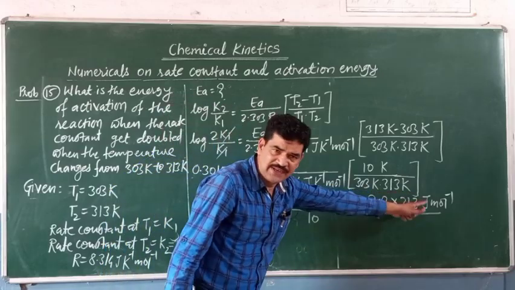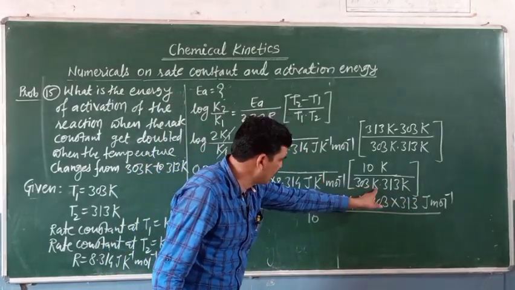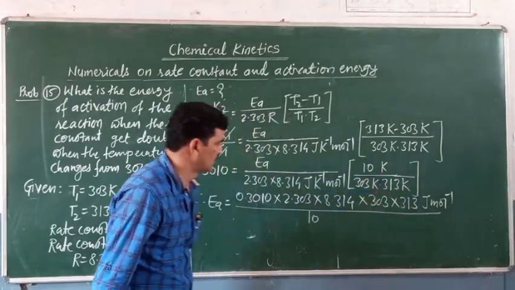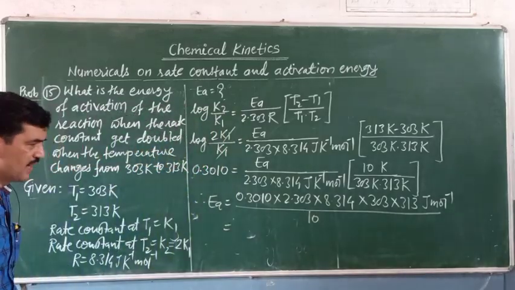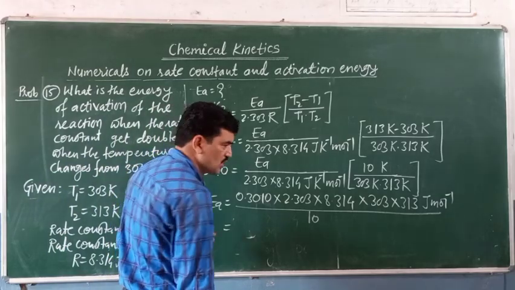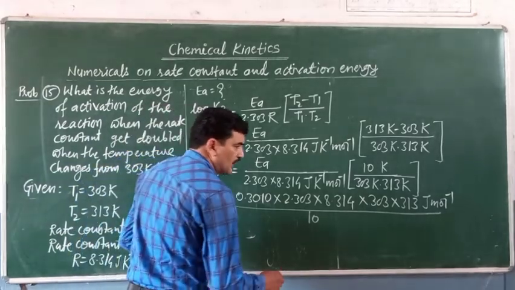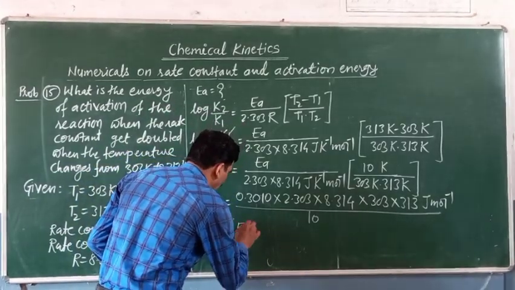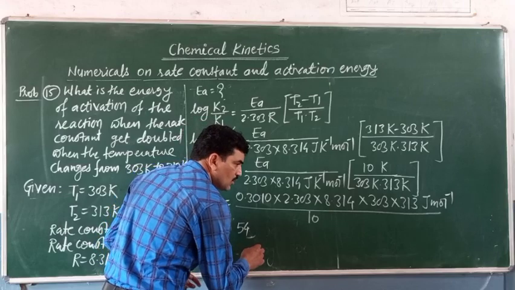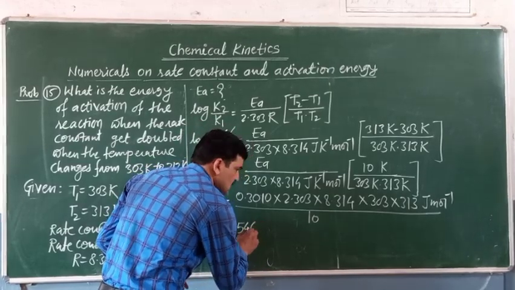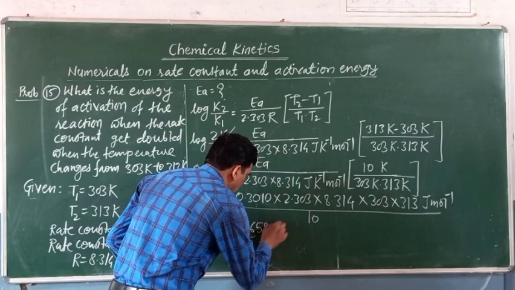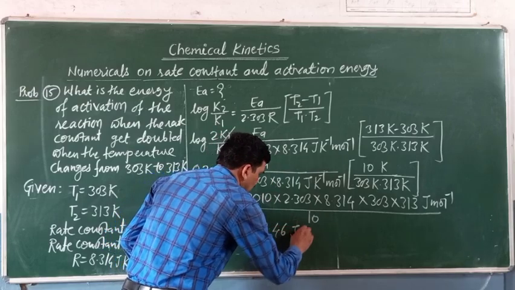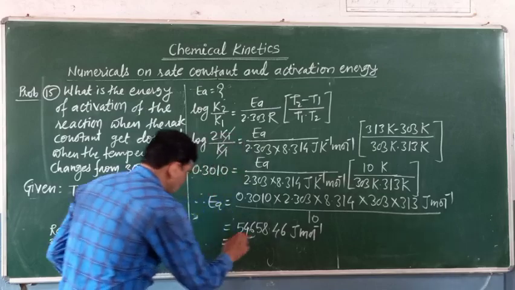So when we solve this, we get the value of activation energy, and on solving this, we find the activation energy to be 54658.46 joule per mole. So this is in joule per mole.